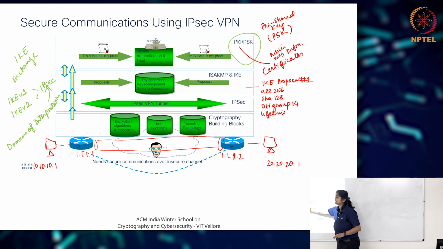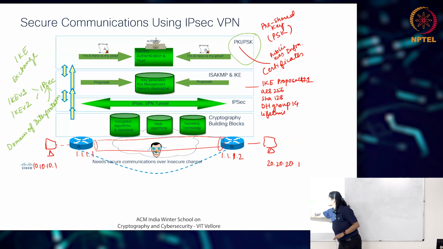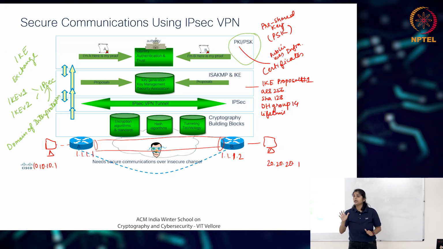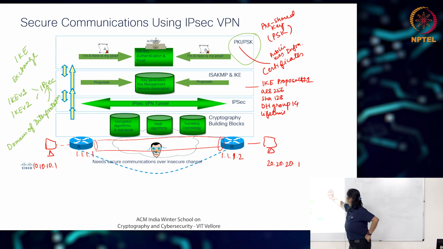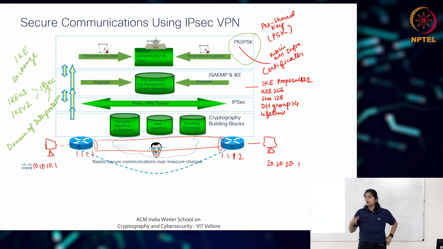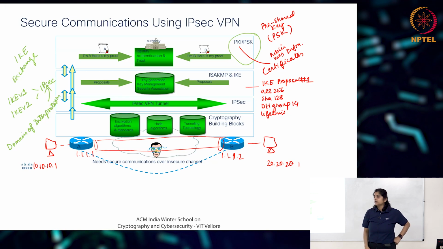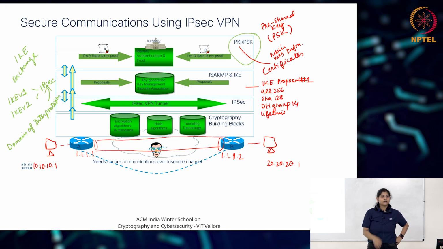But once this is established, it wants to use encryption and hashing mainly. So why is that necessary? Why can't we use this? We are already exchanging proposals in the outer layer, right?